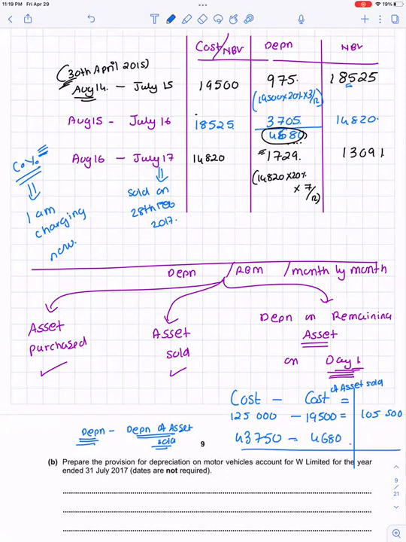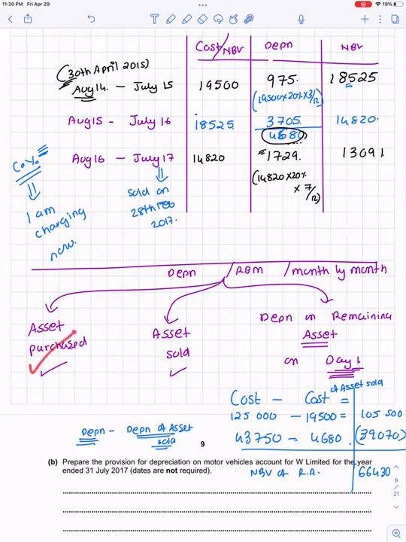So what is the net book value of remaining assets? 39,070. Are you with me? 105,500 minus 39,070. Miss, you didn't take the current year. No, that is what I'm explaining since the start.